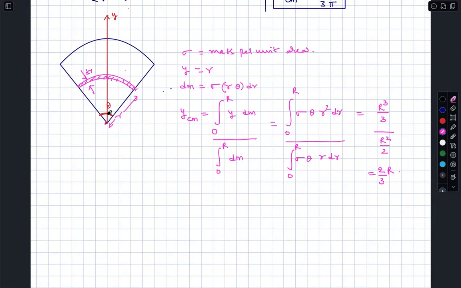Y is R only, right? That is the location of R. I have done one mistake. No, this is not the way to derive. Hold on. Let me correct myself.